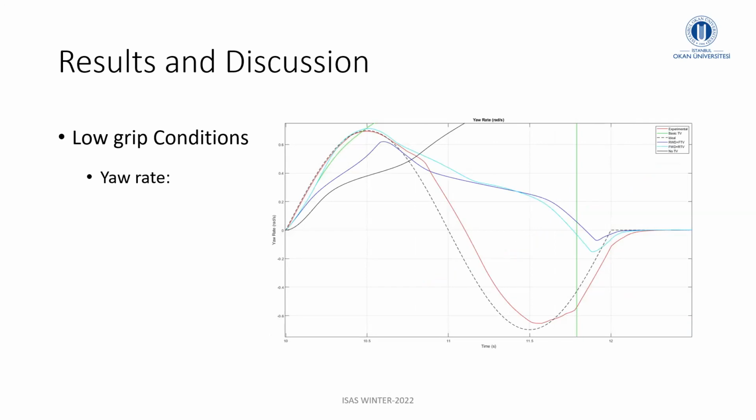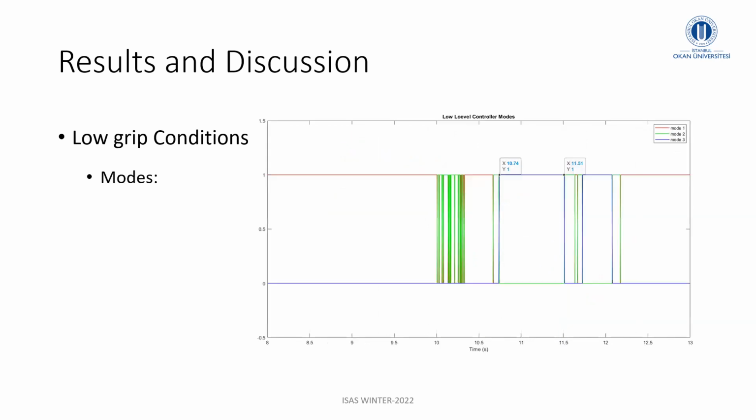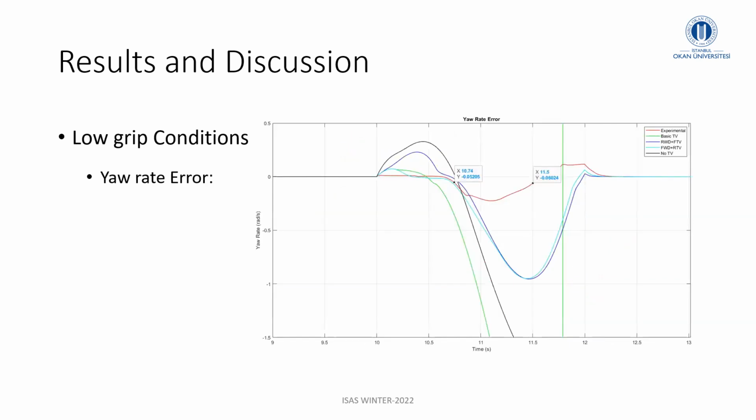They get back to the resting position. Here from 10 seconds to 11.5 seconds, we can see that mode 3 is active. This proves that the proposed controller works in extreme conditions better than other controllers.